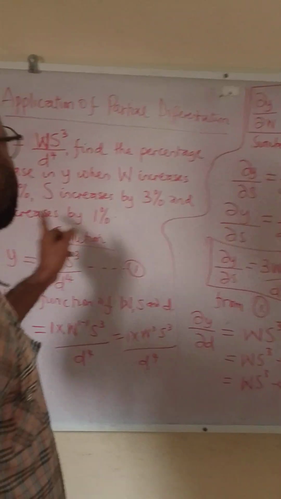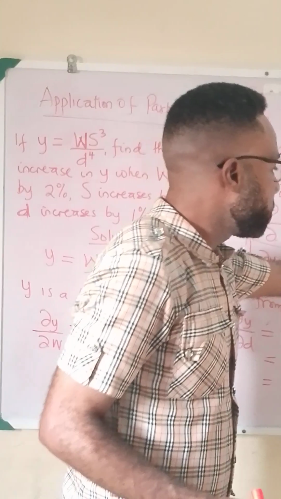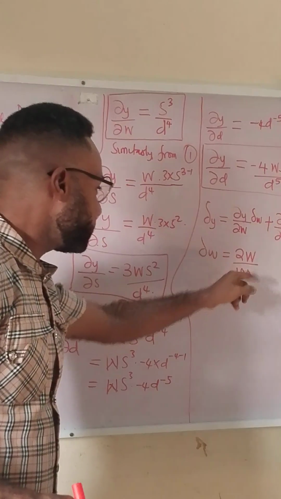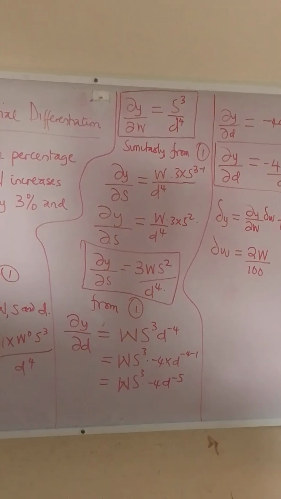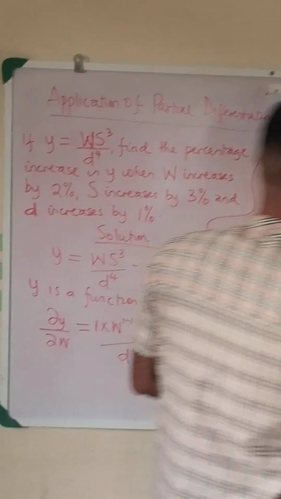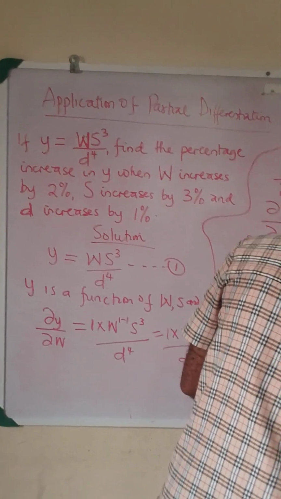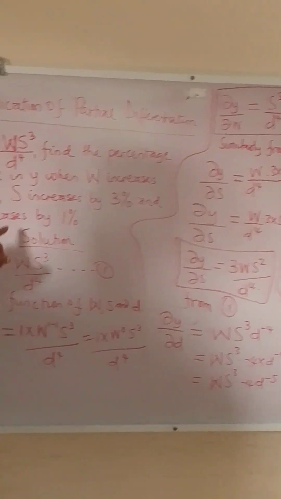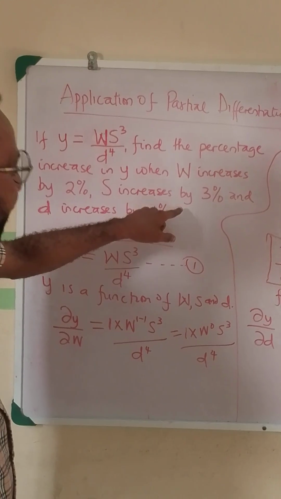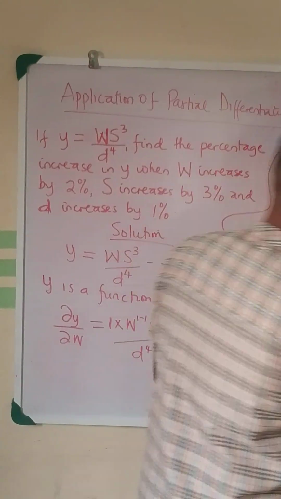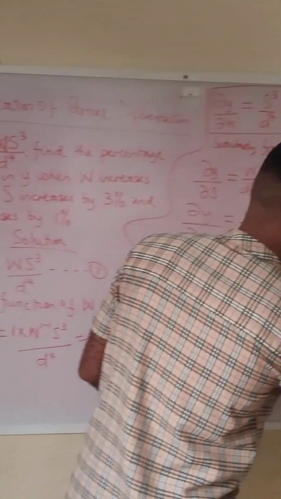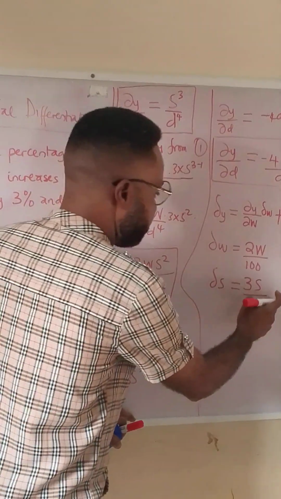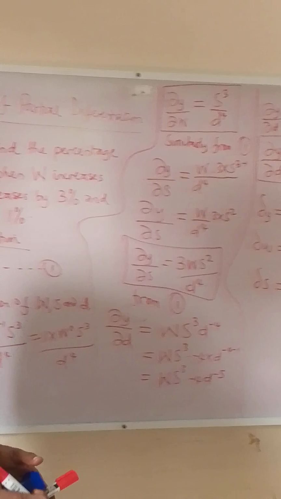We are referring to w increasing by 2%, divided by 100 because we are talking about percent. Similarly, our change in s will be equal to, from the question we are told that s increases by 3%, so that will be 3s all over 100, and it's going to be positive because it is an increase.